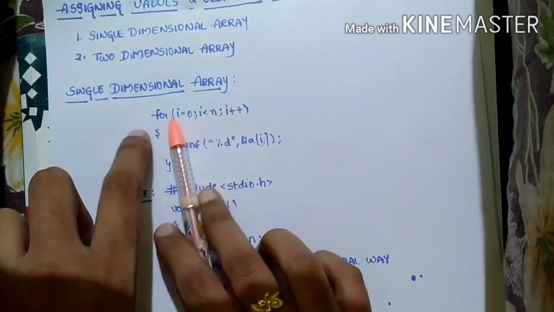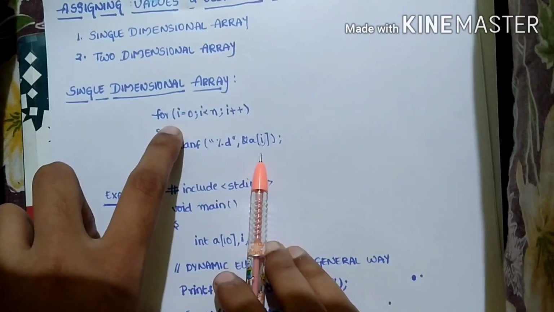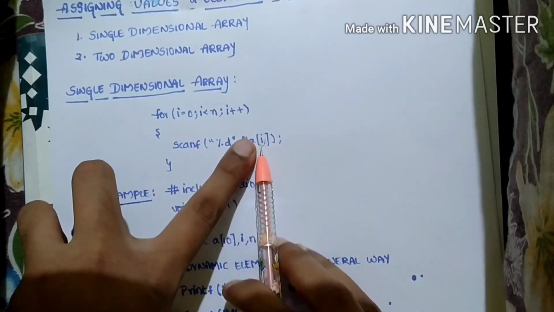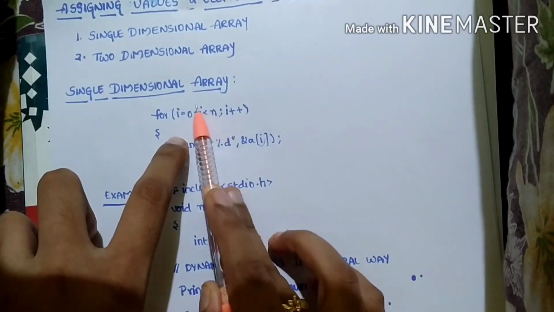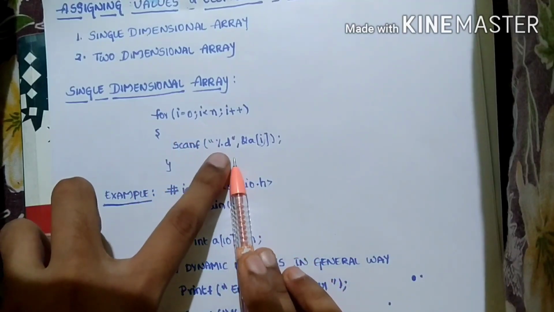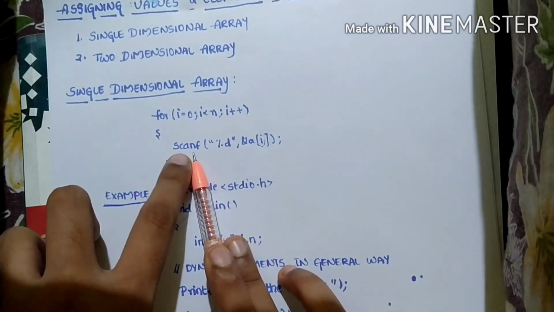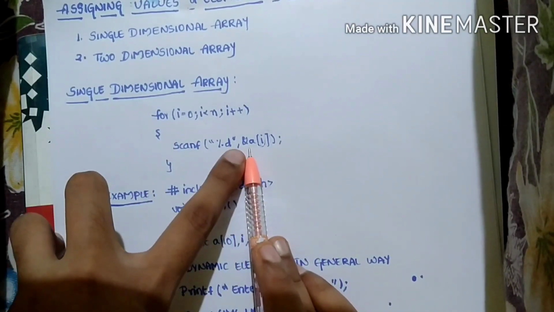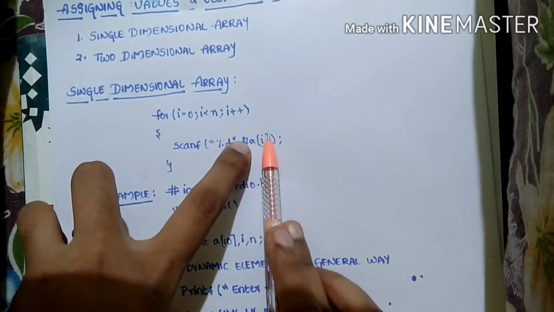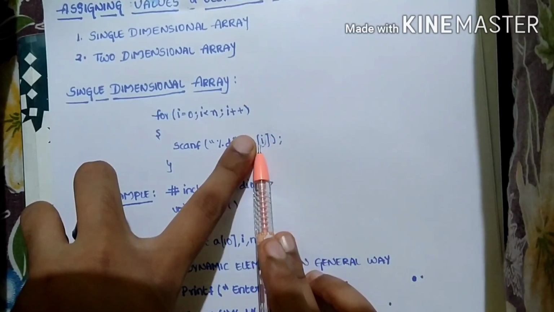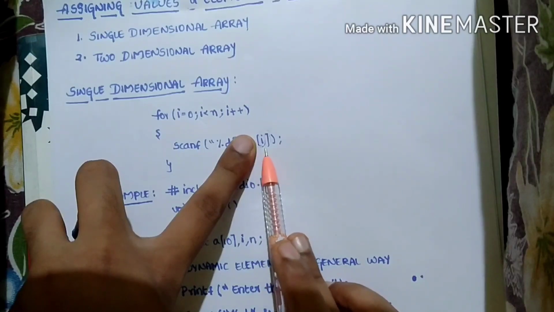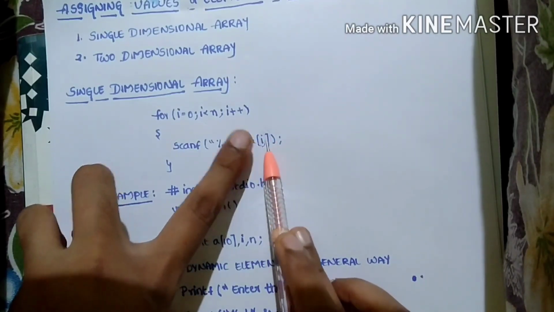So these conditions will be applicable for a of i, that means only for i. But after satisfying this condition, when it gets into the loop, using scanf, it will be stored in the address of a of i. a will remain the same for every incrementation, but the i value gets changed.